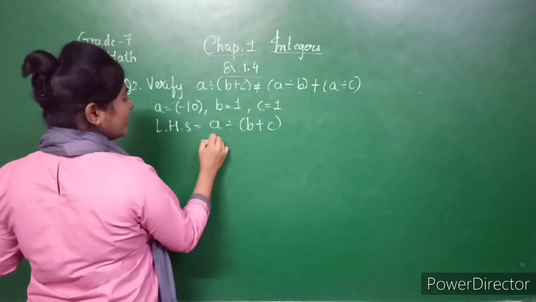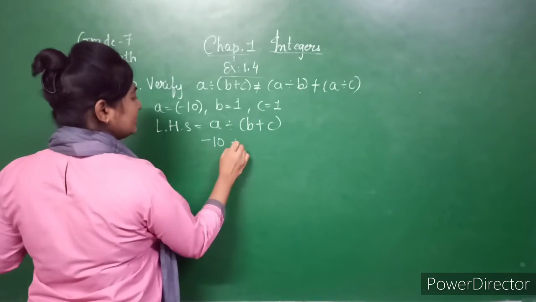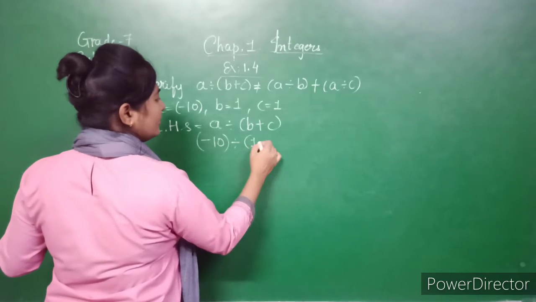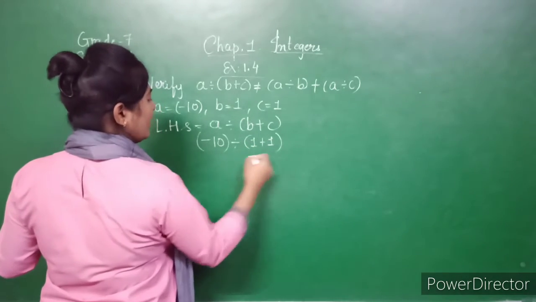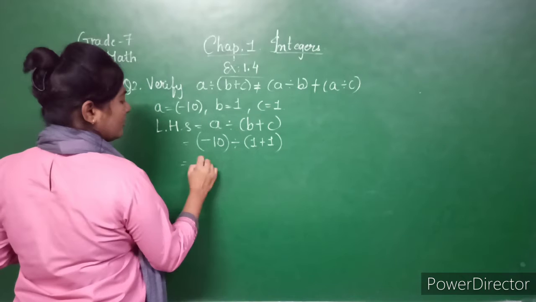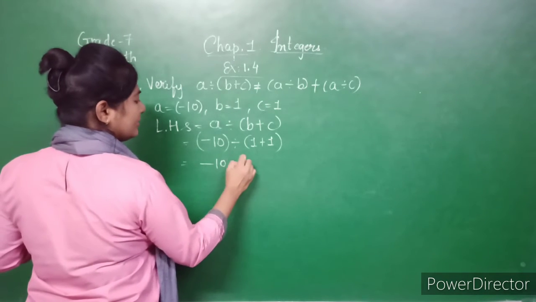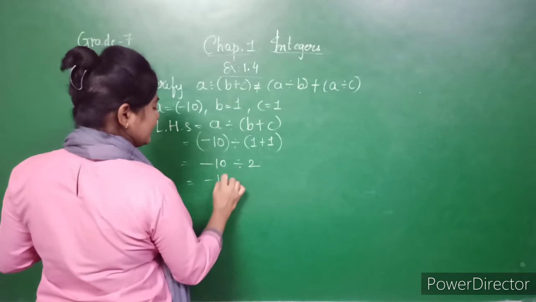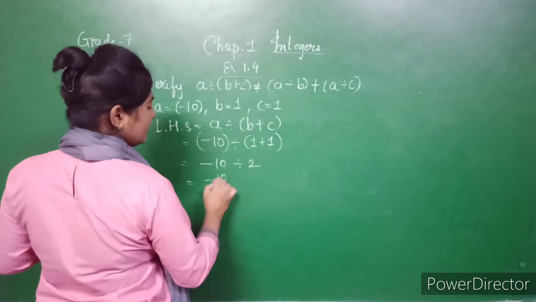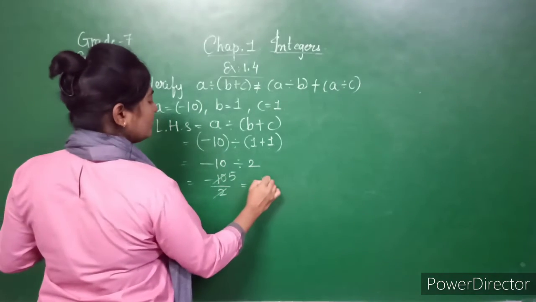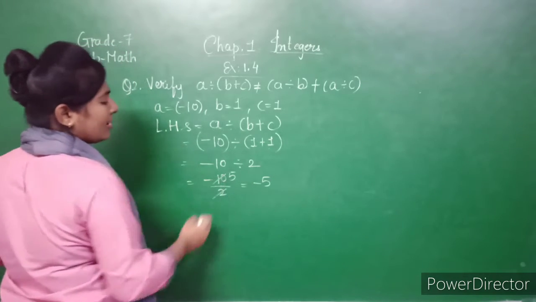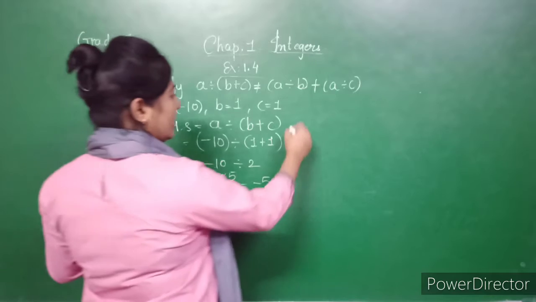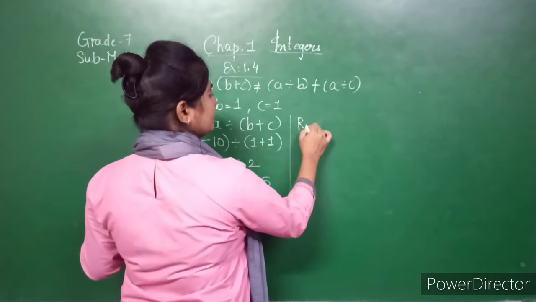So a is minus 10 divided by b 1 plus 1. So minus 10 divided by 1 plus 1, that is 2. So minus 10 upon 2. So it is minus 5 because only one minus is there. So our answer is in a negative form, that is minus 5. Now we have to see RHS.